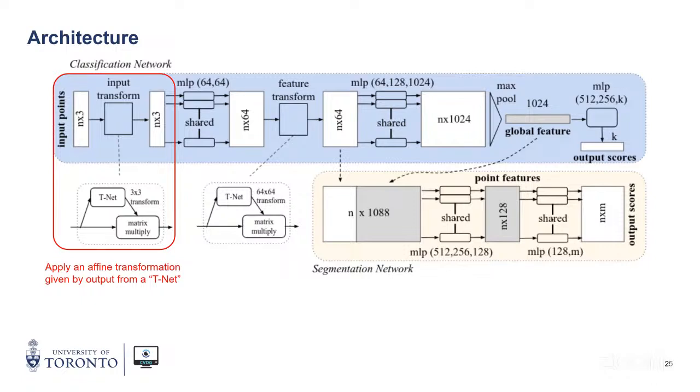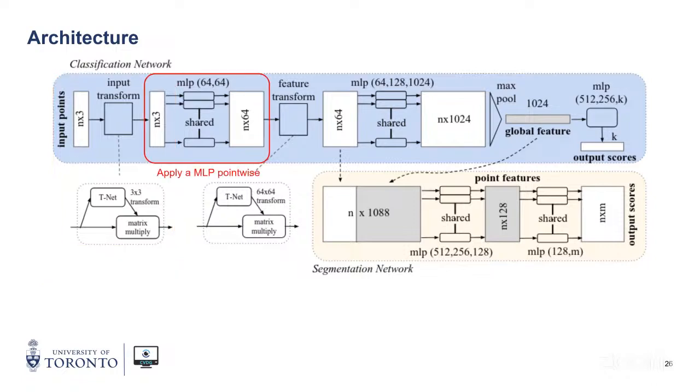Next, after this, we're going to take a regular multi-layer perceptron and apply it, again, just pointwise. What's interesting here is we're mapping to higher dimensional space. The reason is ideally we will need a higher dimensional vector than something that's just three-dimensional once we choose to aggregate all of our information.